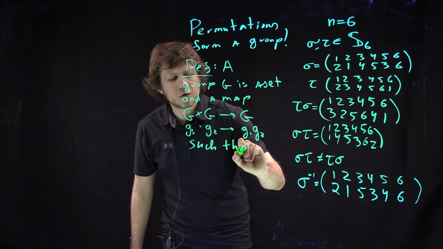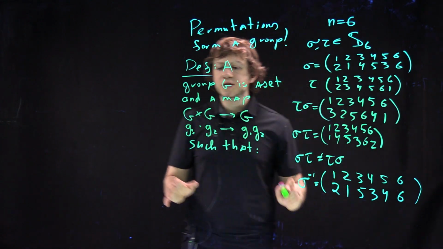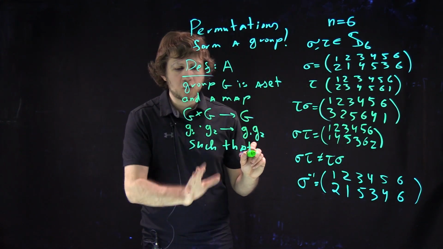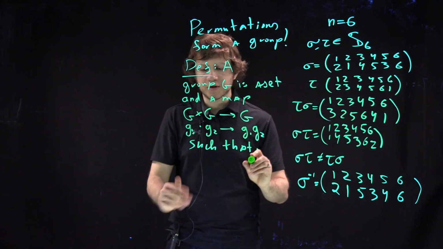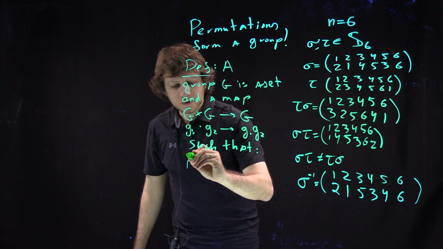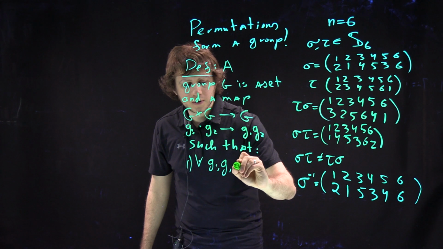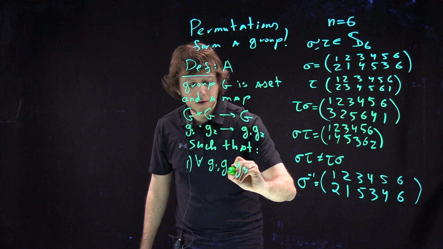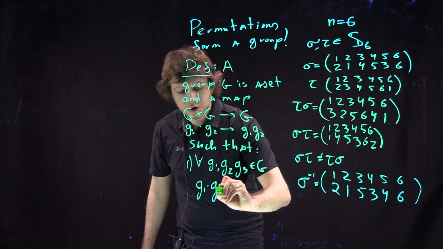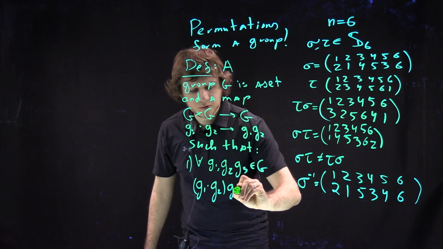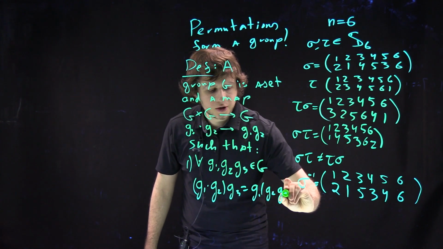Remember, we had different operations in a field and in a ring, and now we just need to write down all properties which hold for multiplication. First, for every three elements g1, g2, g3 in G, we have that (g1 g2) g3 equals g1 (g2 g3). Associativity. So multiplication is associative.